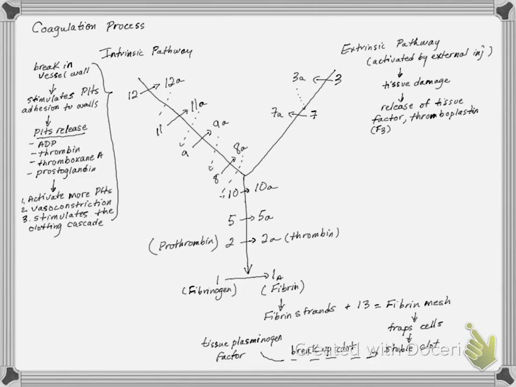Activation of 7 then can cause activation of 10. Okay, so that's why you have intrinsic pathway, which is one side. You have extrinsic pathway, which is another side. And then you have a common pathway, because at 10, they're common. Okay, this is common.